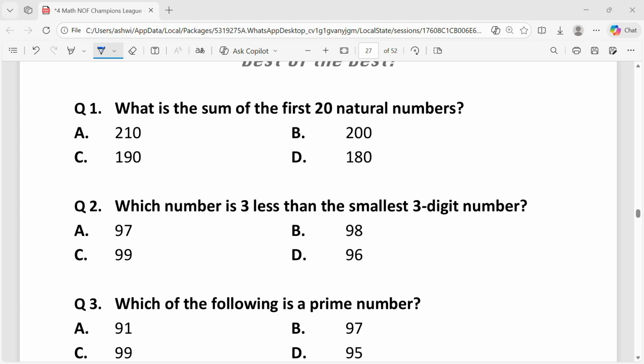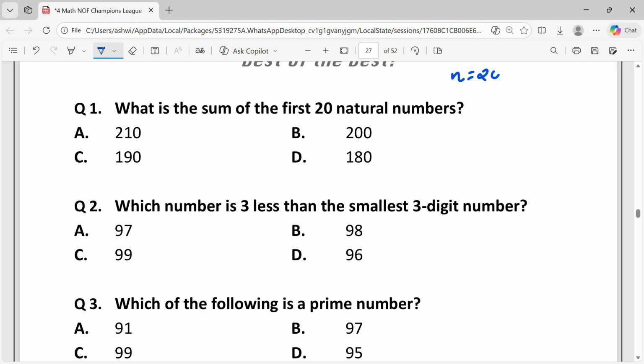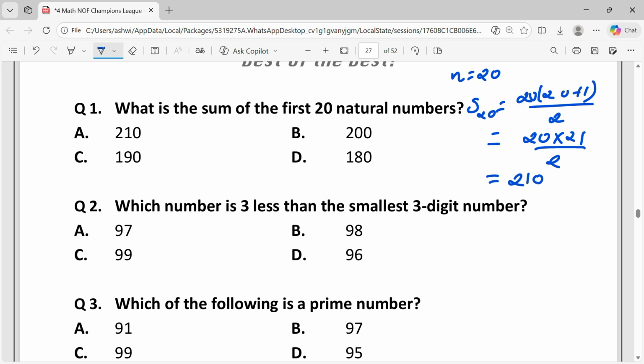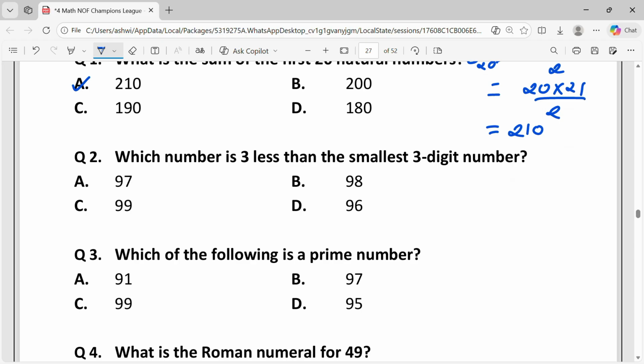For n equal to 20, S20 is equal to 20 into 21 upon 2, that is equal to 210. Answer is A, 210.